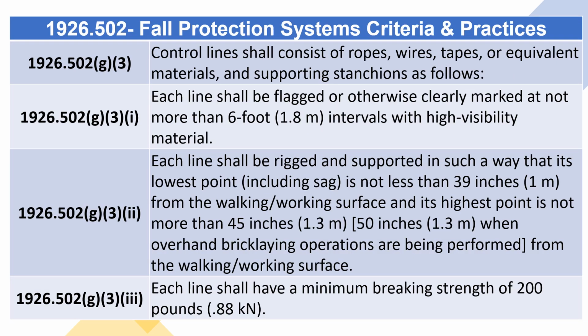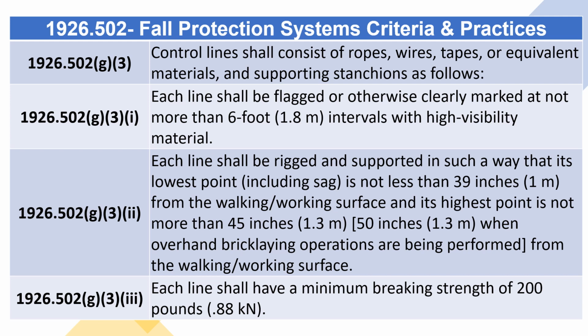1926.502(g)(3) Control lines shall consist of ropes, wires, tapes, or equivalent materials, and supporting stanchions as follows: (g)(3)(i) through (g)(3)(iii). Each line shall be flagged or otherwise clearly marked at not more than 6 foot (1.8 m) intervals with high visibility material.